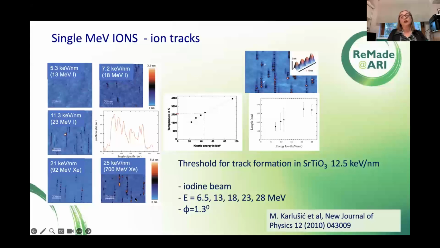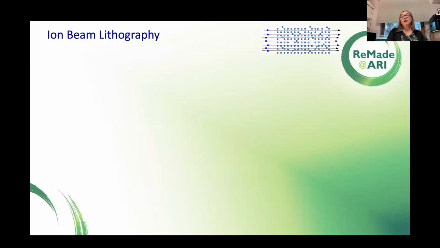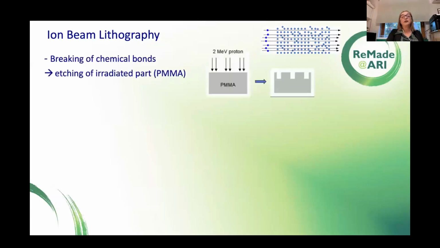So basically, with ions, you can modify the surface and you can make some patterns on the surface and produce different shapes. One of the techniques also that is used is ion beam lithography.